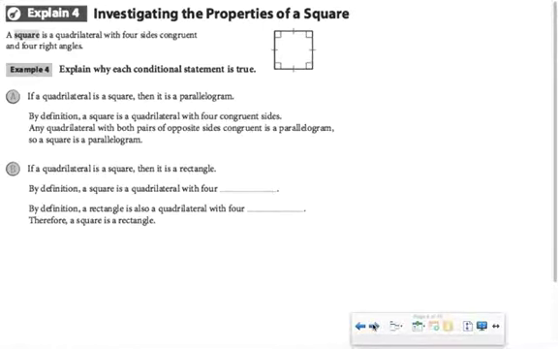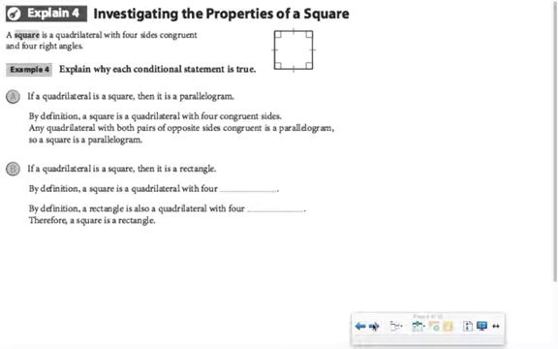Finally, we're looking at properties of a square. A square is a quadrilateral with 4 sides that are congruent and 4 right angles. So why are the following statements true? In part A, if a quadrilateral is a square, then it is a parallelogram. So by definition, a square has 4 congruent sides, so that means both pairs of opposite sides are congruent, thereby making it a parallelogram.